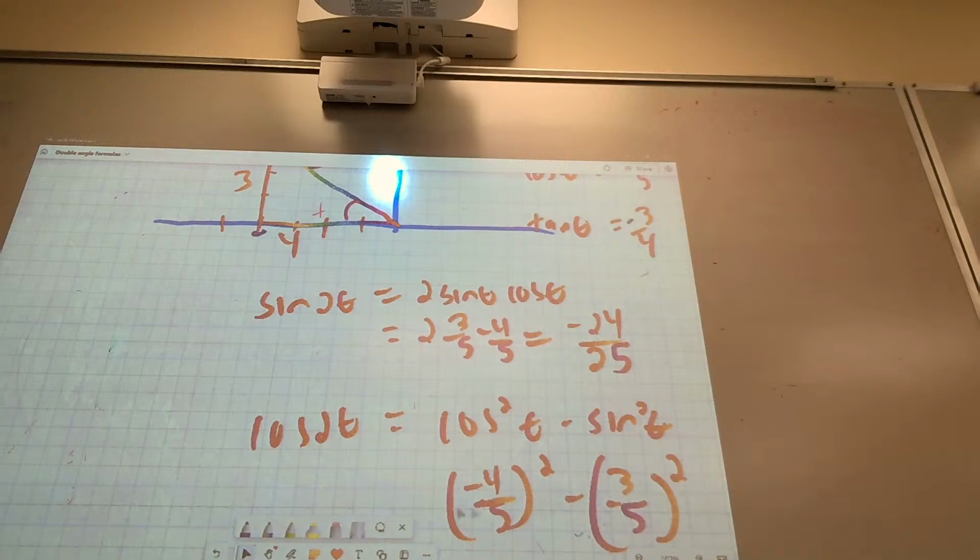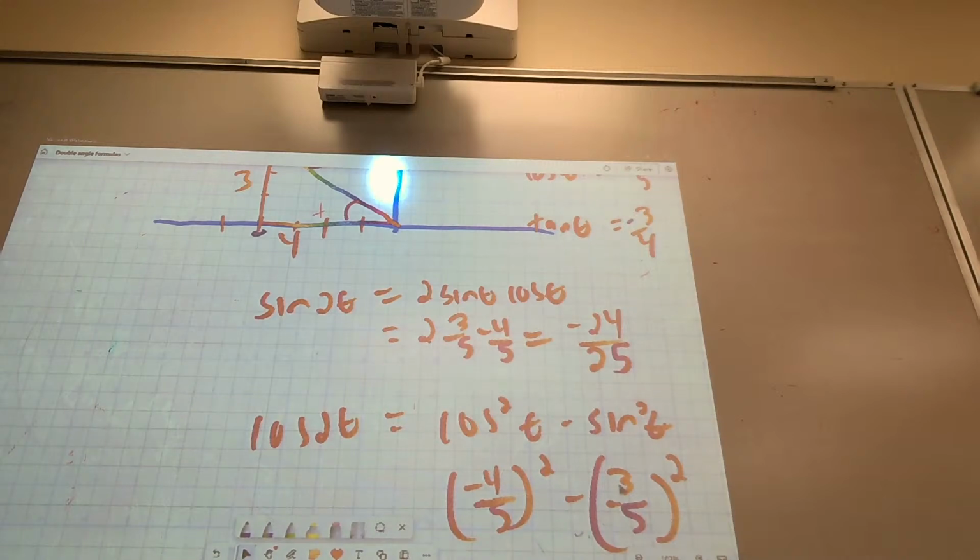Just using cosine squared minus sine squared, so we already have our common denominator. So you have minus 4/5 quantity squared minus 3/5 quantity squared. The negative goes away when you square it. You're squaring the numerator and the denominator. So 4/5 squared is 4/5 times 4/5, you get 16 over 25.